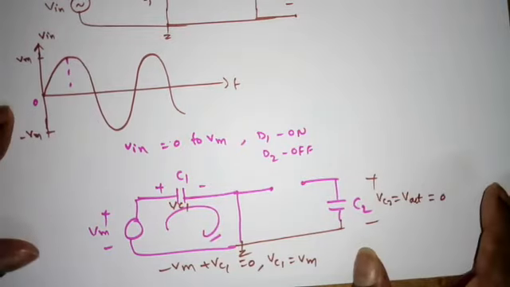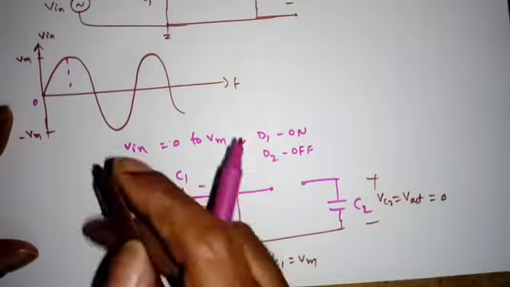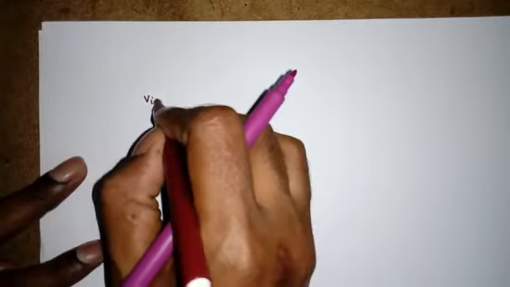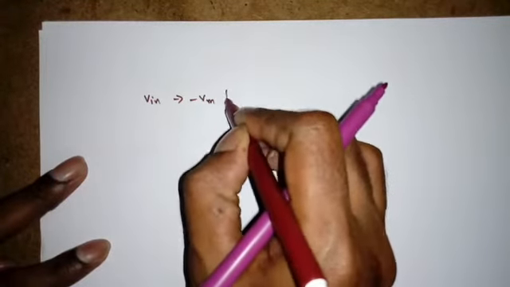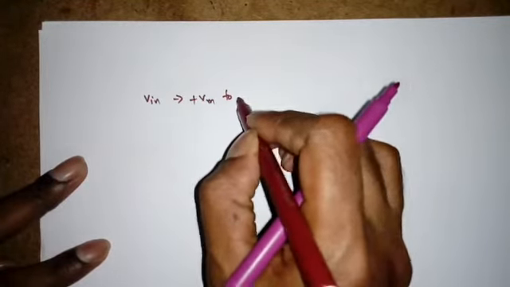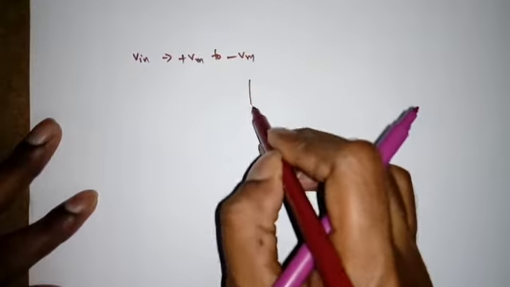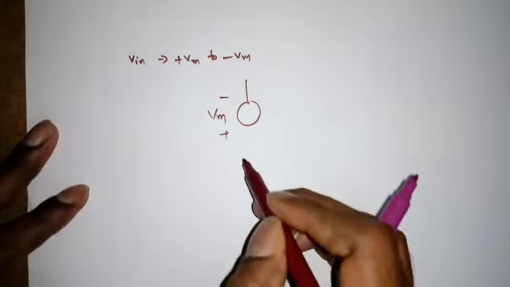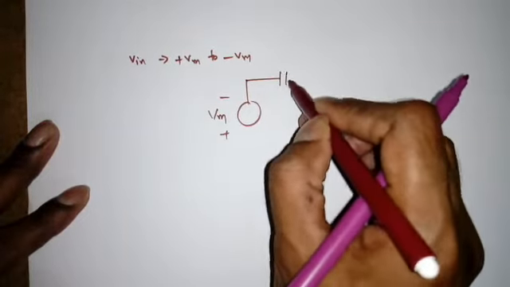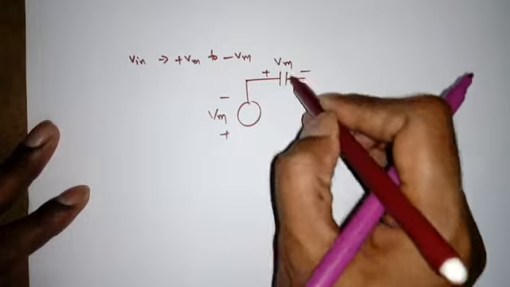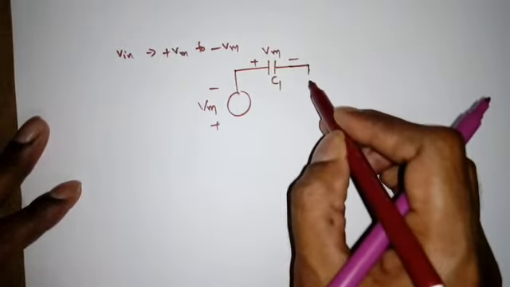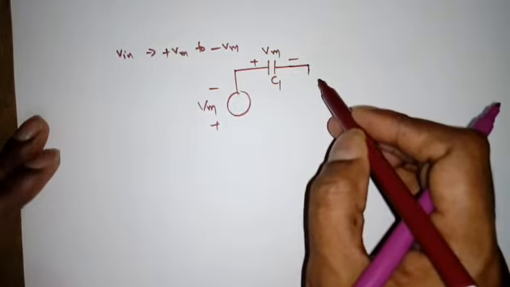So what happens from Vm to minus Vm? If Vin is changing from plus Vm to minus Vm, maximum I can apply is Vm, and C1 is already charged to plus minus Vm. So we have to see which diode will be on and which diode will be off.